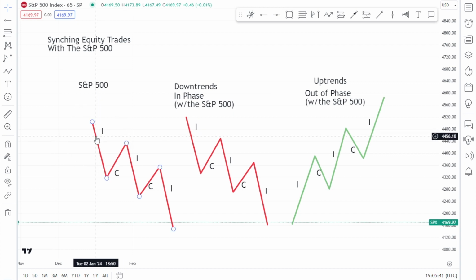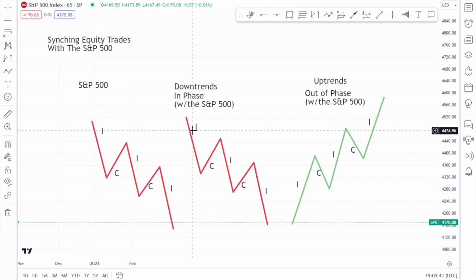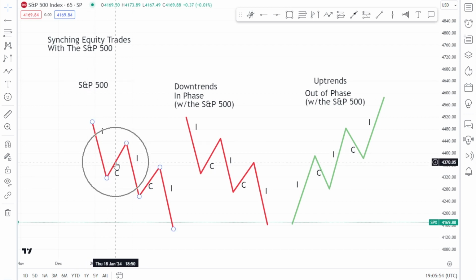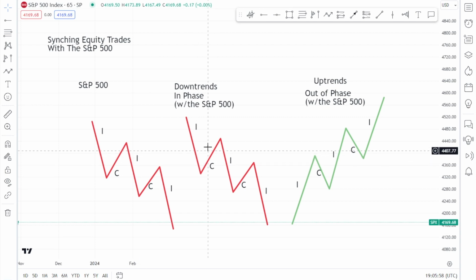If the S&P is in an impulse move down, then the in-phase stocks would be downtrends with an impulse move going down. When the S&P goes into an up phase, which is corrective within this downtrend, the in-phase stocks would also be in a corrective phase. So basically, they're just going to match up. They should match up identically.